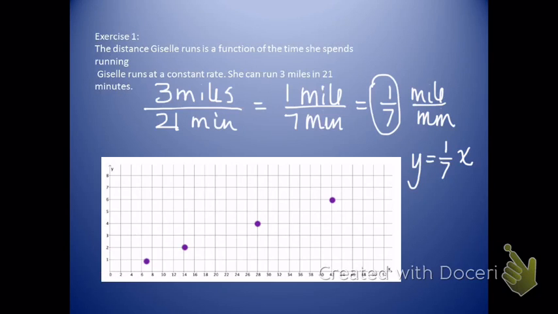So hopefully you can notice that this is just the linear equation that we've written here. So all the input-output pairs for this function are the same as the graph of the linear equation that defines this function.